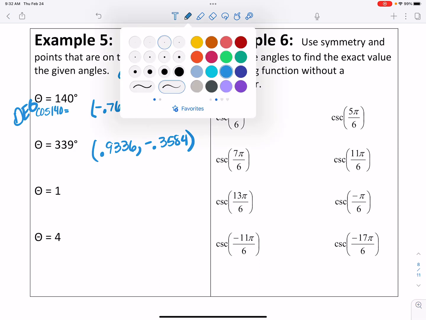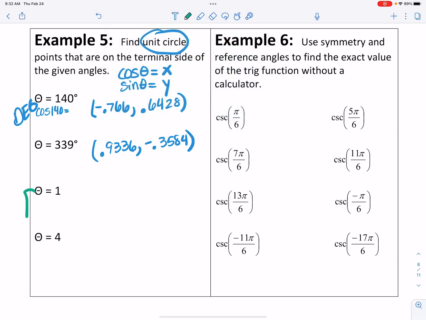Now, the next part is the first time you're going to have to change your calculator. So if you look at the toolbar, it has up in the top by the red X. If you click on that toolbar and you go to Document Settings, the second one from the top says angle. You're going to go to degree, and you're going to change it to radians.